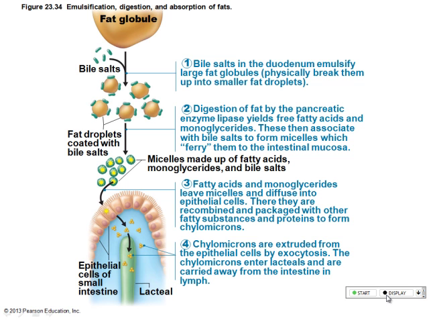Another special little package is created called a chylomicron. That's going to allow the lipid molecule entrance into the circulatory system. So chylomicrons are excreted from the cells that line the small intestine by exocytosis. And then where do they go?